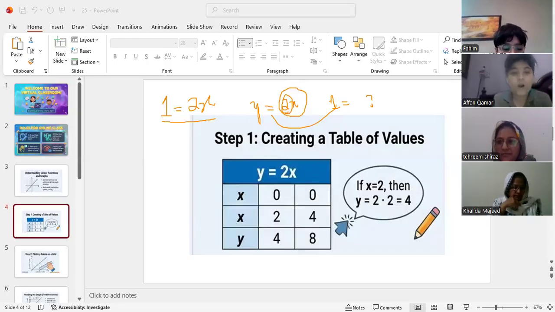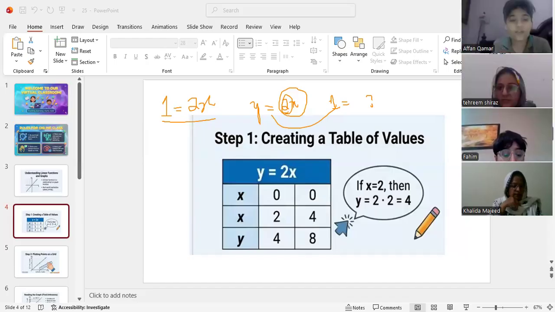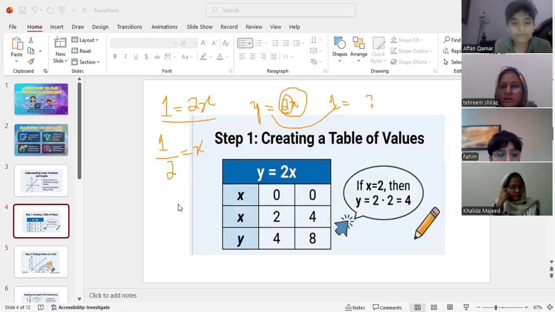Ma'am, if y equals 2x and y's value is 1, then the 2 will go down, so wouldn't it be 0.5 equals x? Yes, if y's value is 1, then the value of x will be 0.5.